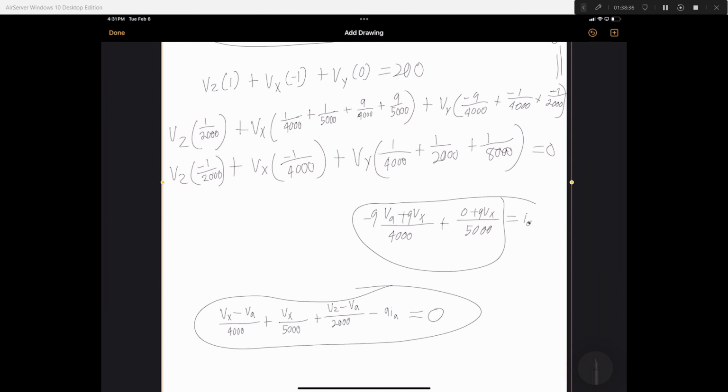Using the matrix still. Matrices. Now let's go to our B. We have 200, 0, and 0. Alright.